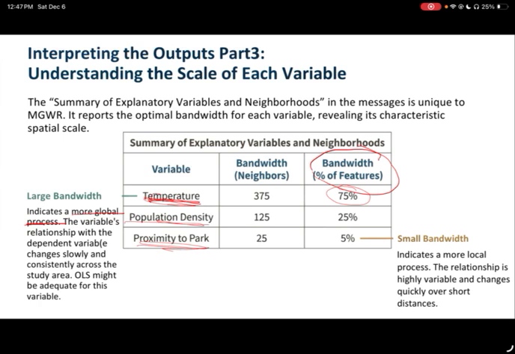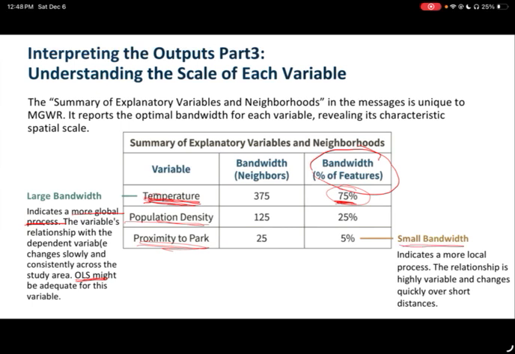So if your variables have a lot of bandwidth values almost reaching 100, for example, most of them are 80, 90, and 100, I think you can use OLS, and since OLS is a simpler model, maybe the OLS model is enough to model your datasets.